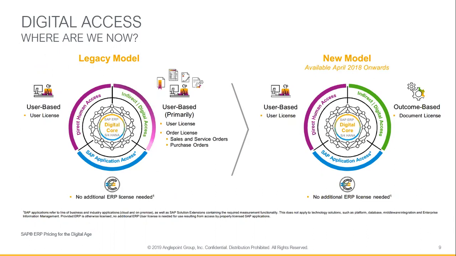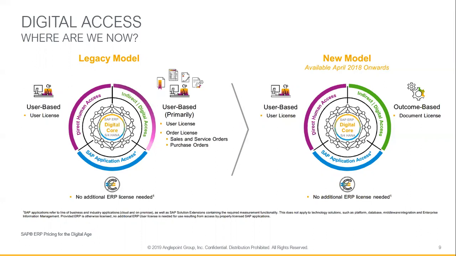I don't want to spend too much time on it, since hopefully you are familiar with the contents of that presentation from SAP that came with the price list in April last year. But I want to highlight where the problem is around indirect access licensing and how SAP envisions digital access to be applied for those scenarios where there may be an issue of indirect access.